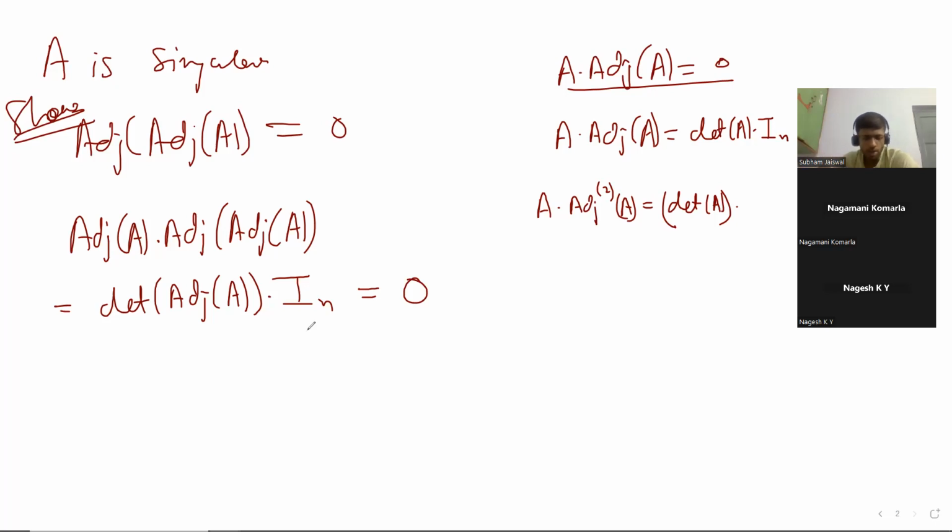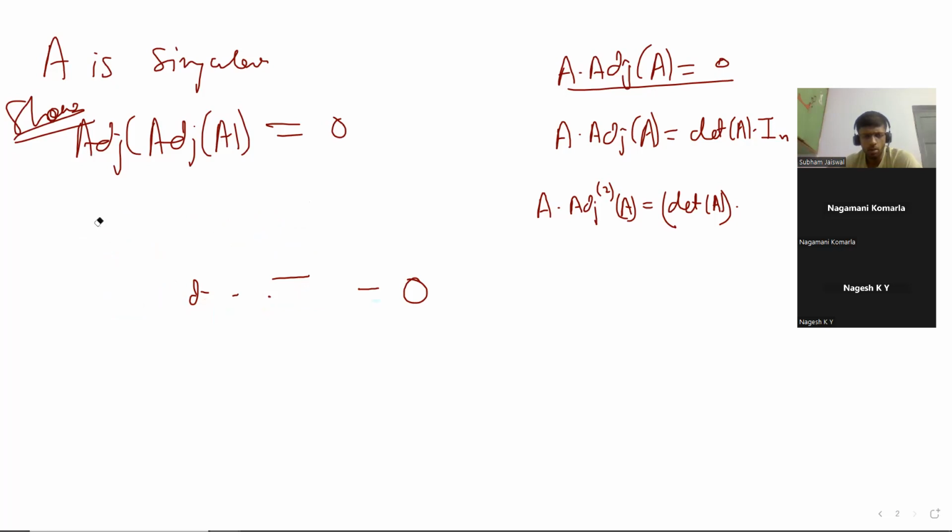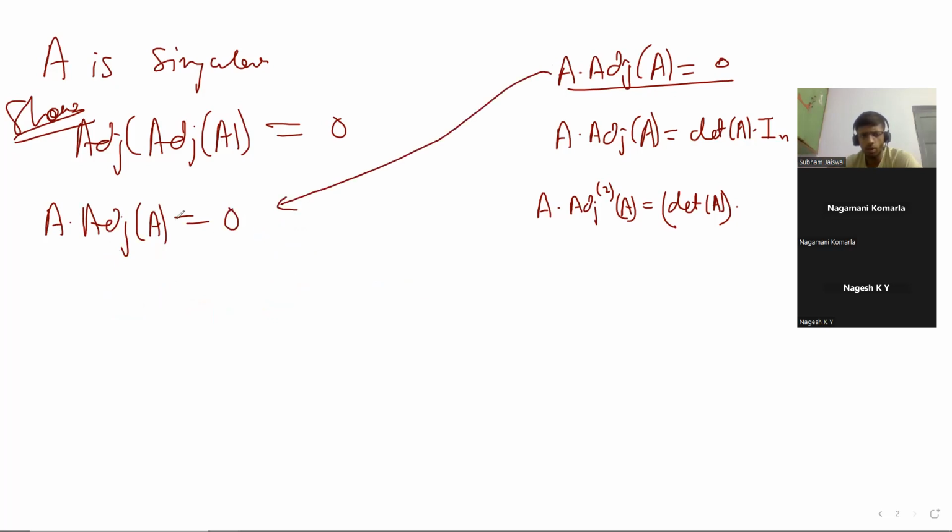Adjoint of A is singular. I can prove that. But what do we do after that? So adjoint of A is singular because you have A times adjoint of A equal to 0. And now adjoint of A must be singular.